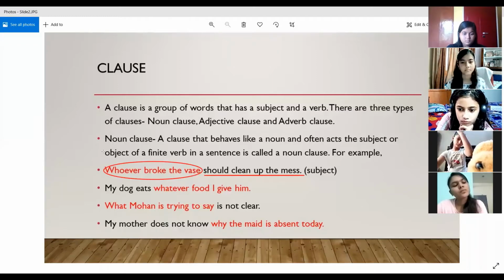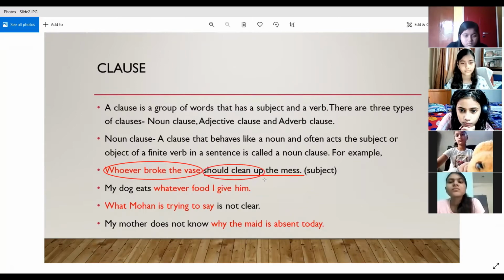See, this is the complete sentence. This clause present in it is a part of that sentence, right? So see, the clean up present over here, or we will take should also, because should is a modal, it will also form a part of the verb. Should clean up is the verb of the main sentence. In this main sentence, this is the noun part of the sentence.